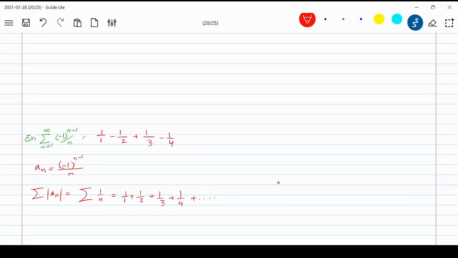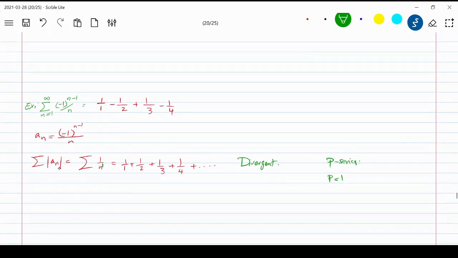As we know, this is a p-series where p in this case equals 1. The exponent of n is 1. What we know is that if p is equal to 1, then we're dealing with a divergent series. So the summation of the absolute value of a_n is divergent.